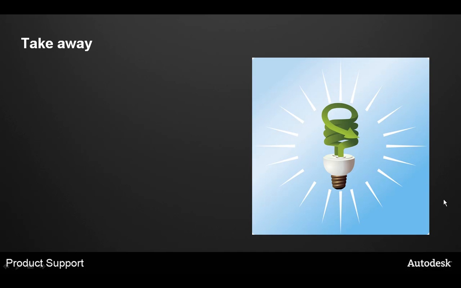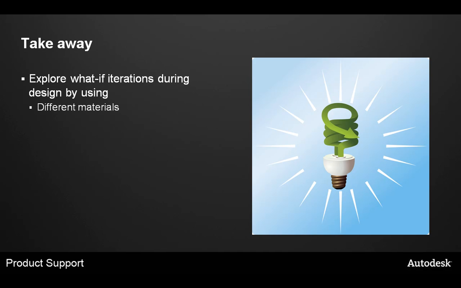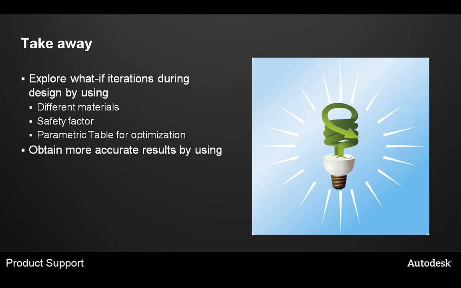As a summary, what are the important points that I would like you to take away from my presentation? Well, first of all, I wanted to be clear in your mind that you can do a lot of what-if iterations with this software during your design, and you could do this by using different materials, playing with the safety factor, and using the parametric table for optimization purposes.